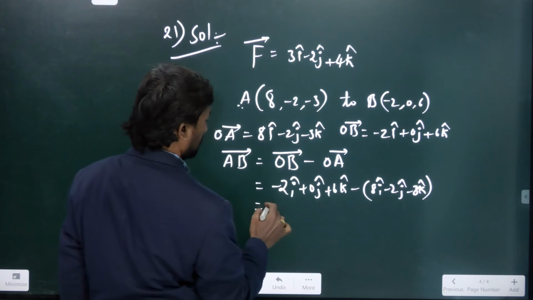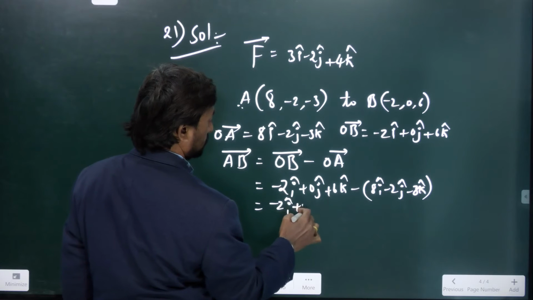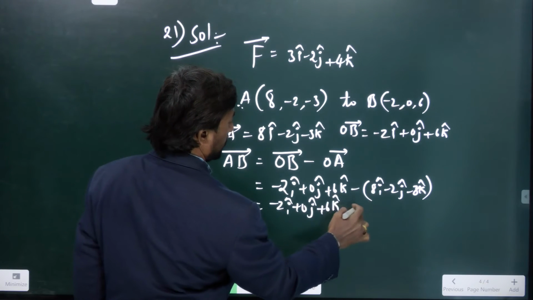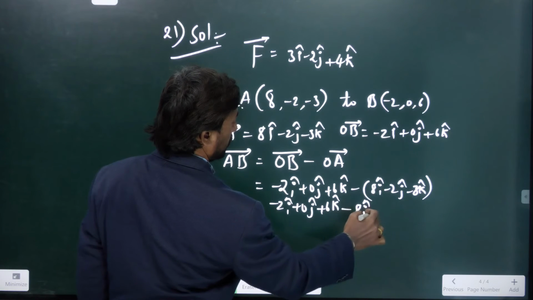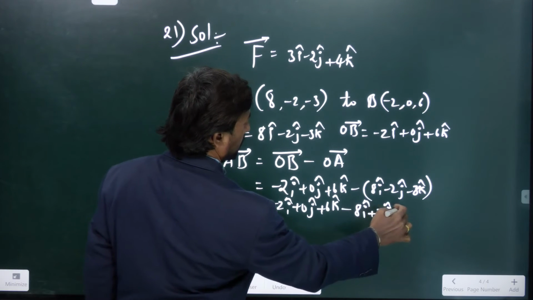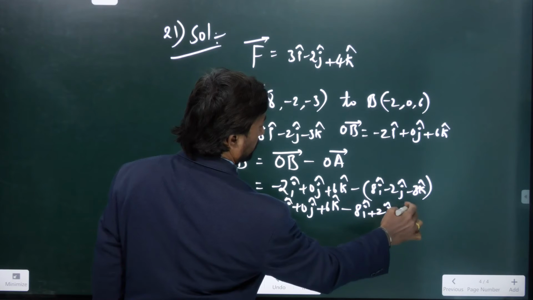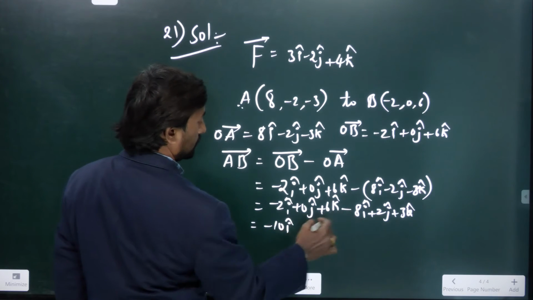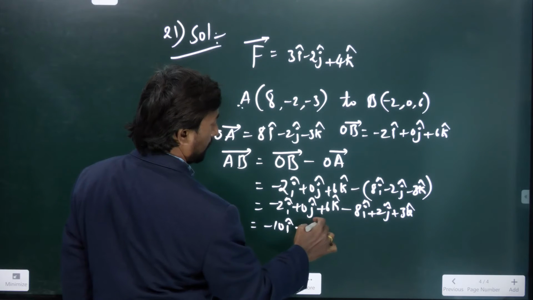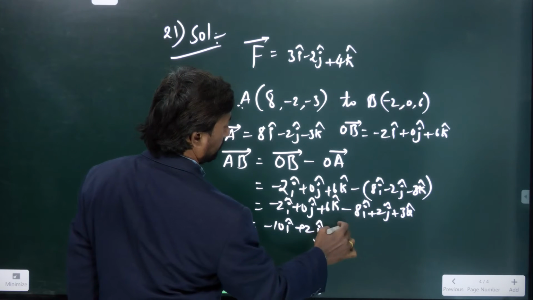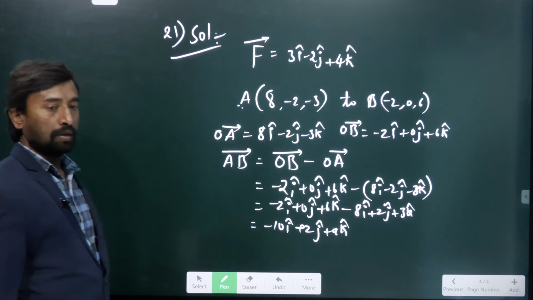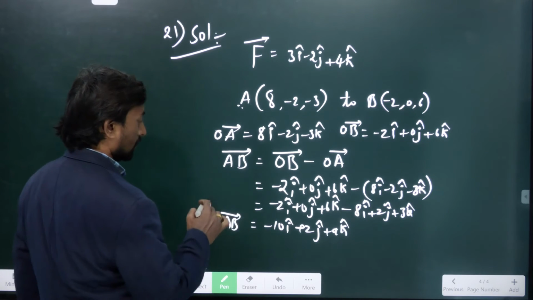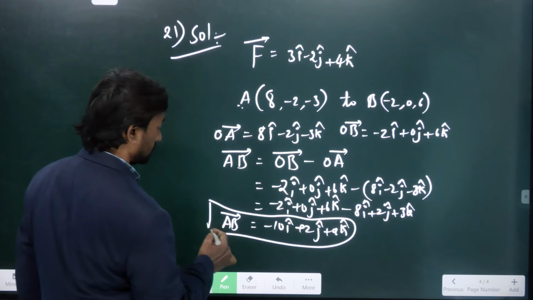Minus times minus 8 i cap, minus times minus 2 j cap becomes plus 2 j cap, and minus times minus 3 k cap becomes plus 3 k cap. So we get minus 10 i cap plus 2 j cap plus 9 k cap. Now we have got the displacement AB bar.